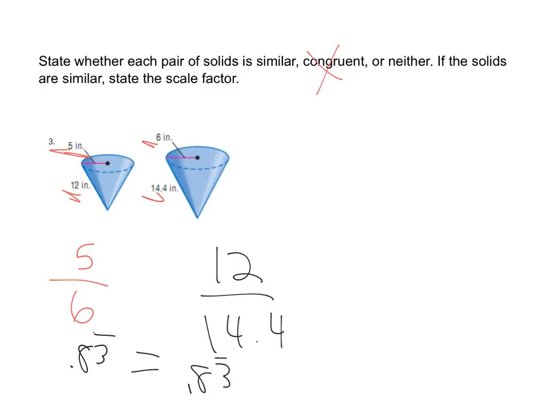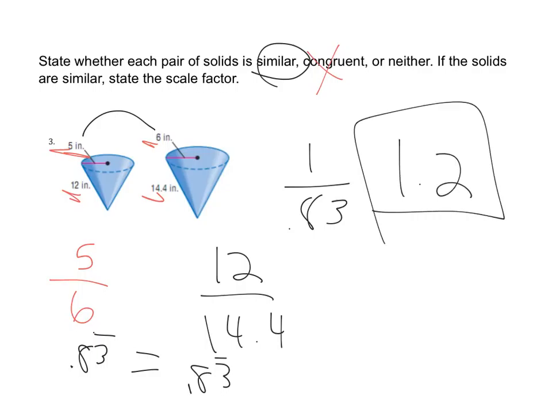So those are equal, so that's going to be similar. My scale factor is going to be 1 over 0.83 because I'm going from 5 to 6, so that's going to be 1.2. That's my scale factor right there.